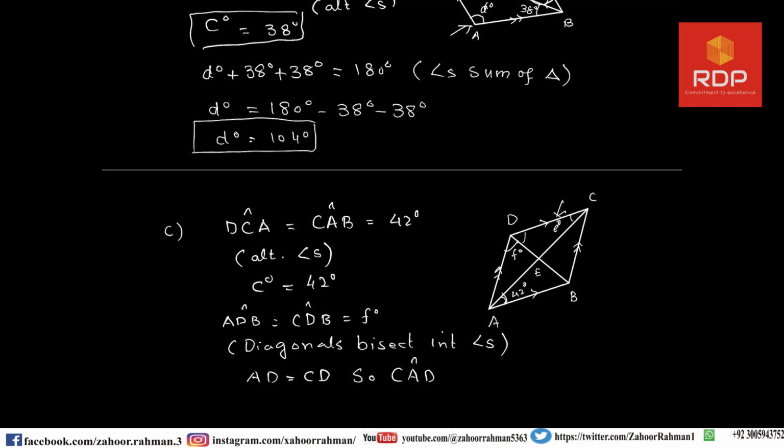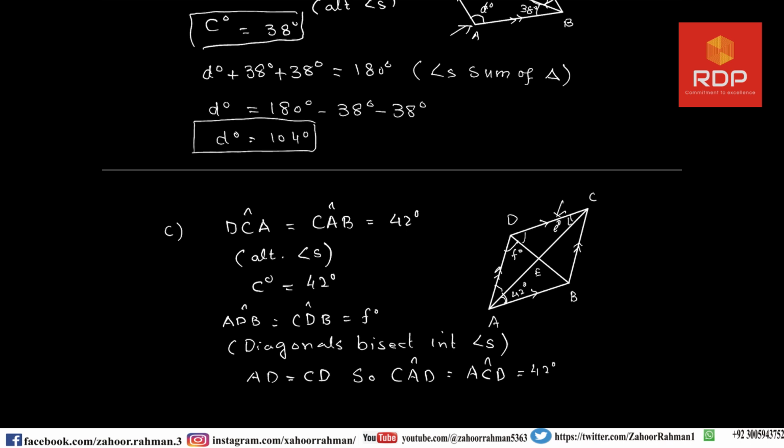So we can write angle CAD is equal to angle ACD. CAD, which is this one, is equal to ACD, which is this one. These angles are equal. So now we can write that both of them are equal to 42 degree. We found that.